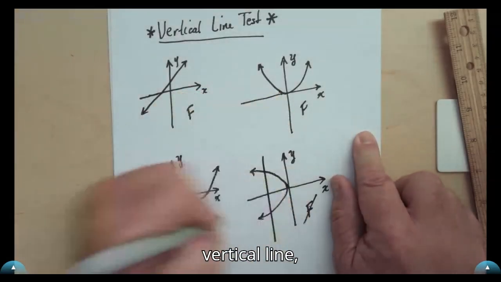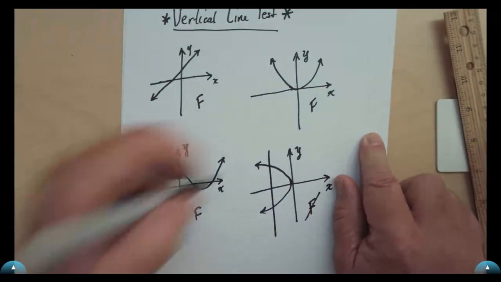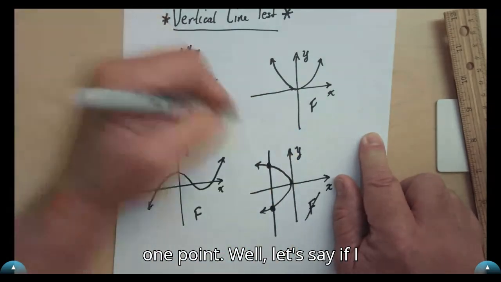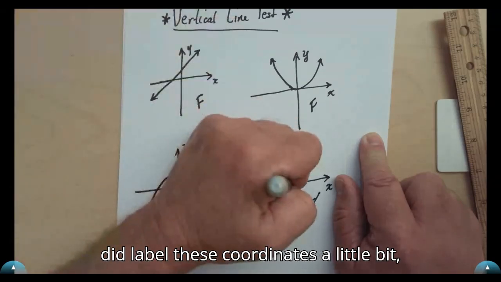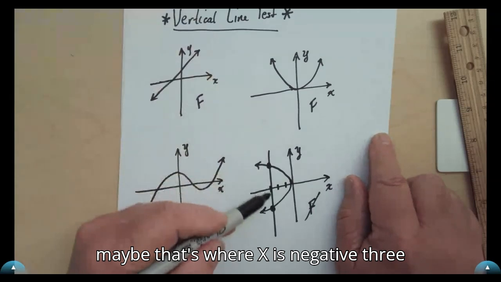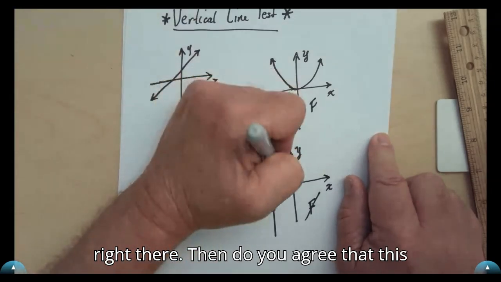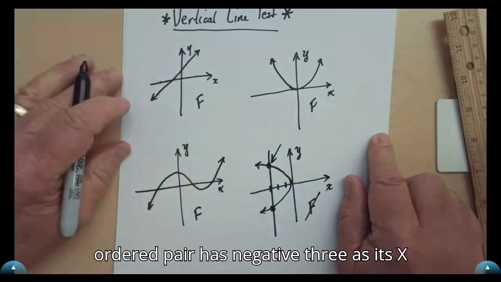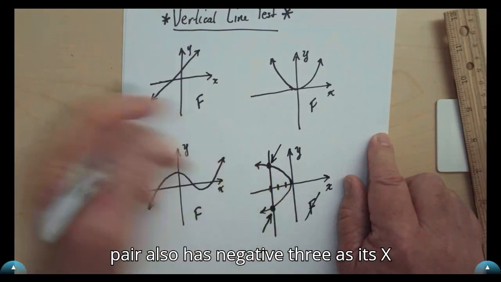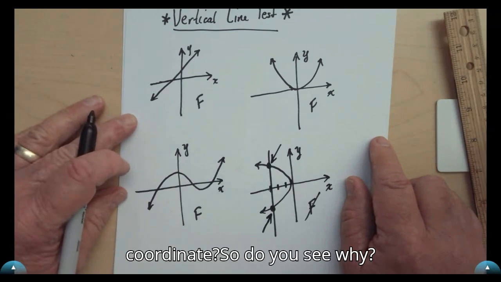If I draw this vertical line, notice how it hits the graph at more than one point. Well, let's say if I did label these coordinates a little bit, maybe that's where X is -3 right there. Then do you agree that this ordered pair has -3 as its X coordinate? But that ordered pair also has -3 as its X coordinate.